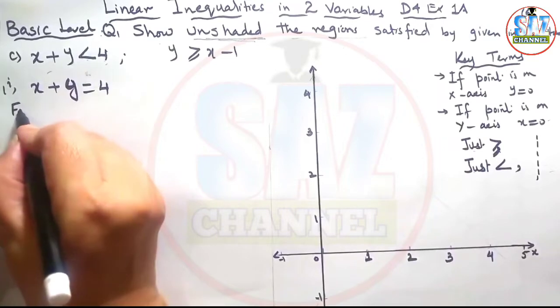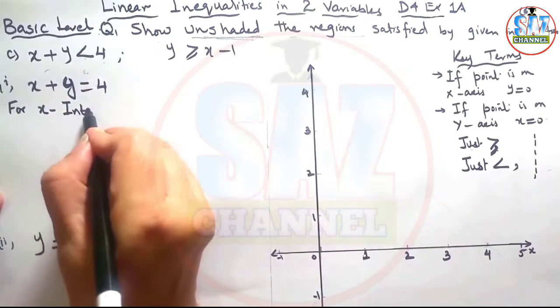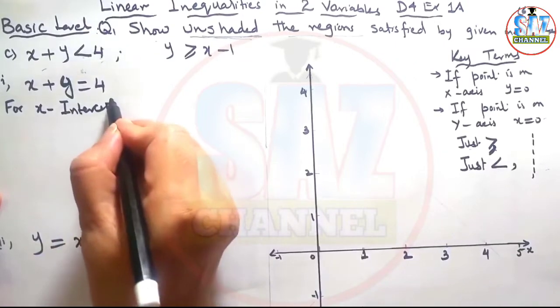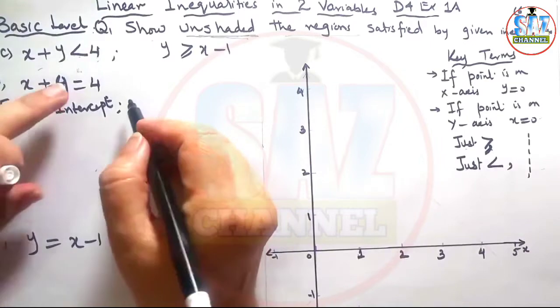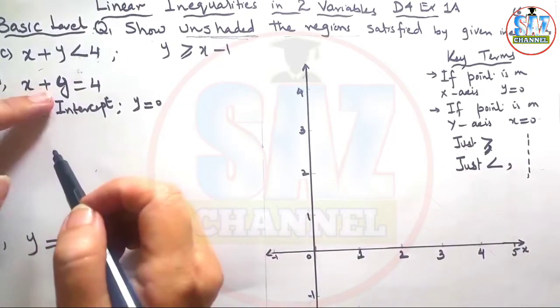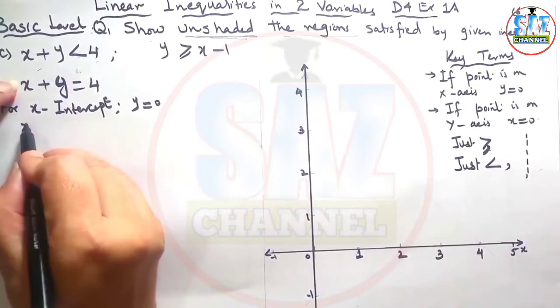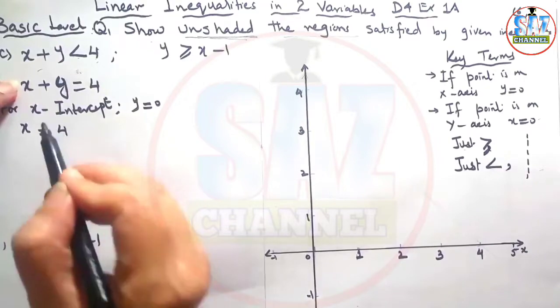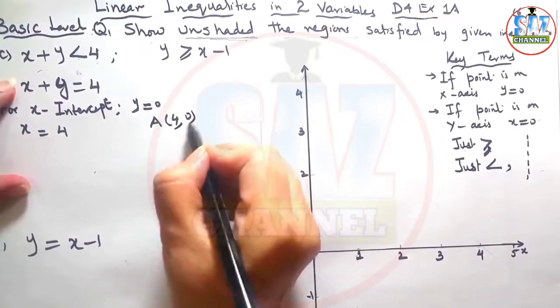For the x-intercept, I will replace y equals to 0, and I am getting x equals to 4, so one of the points is 4 with 0.